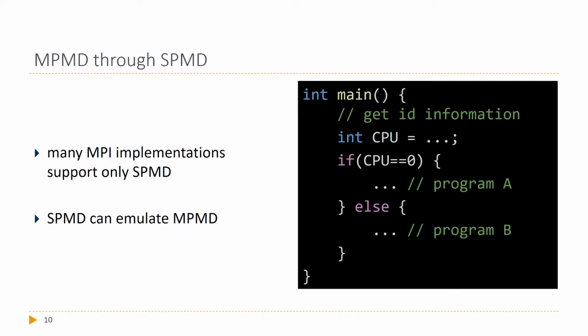Normally, you use SPMD, and SPMD also supports sort of emulating MPMD simply by doing something that you see on the right. You simply query CPU information to know where you're running, and if your CPU has the ID 0, you run whatever program A should do, and otherwise you run whatever program B should do, for example. Really short, really simple example, and you will find many codes that are structured like that.